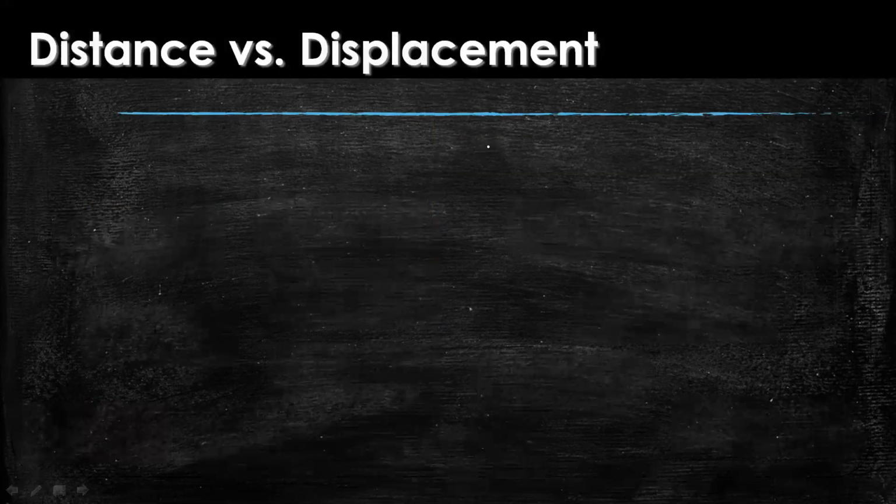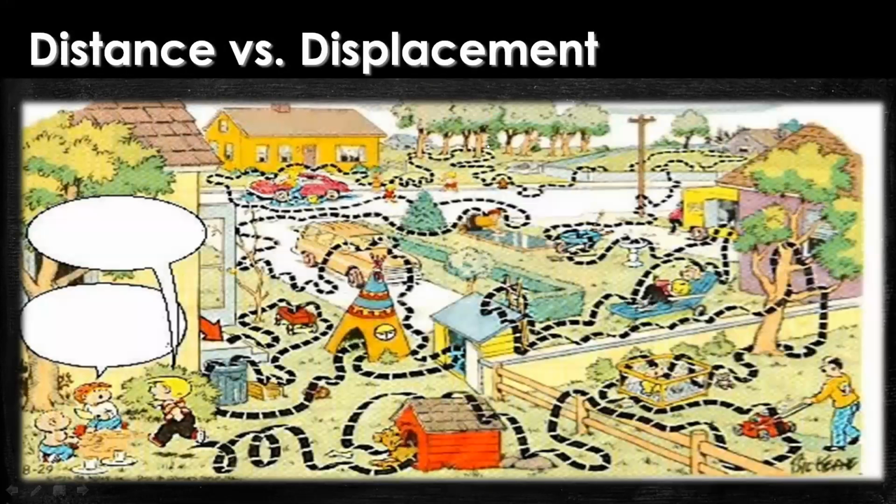Let us look into the first pair of physical quantities which describe motion. I told you physical quantities are the properties which can be measured. So distance and displacement are measurable quantities which describe the motion of an object. In order to understand the difference between distance and displacement, let us look into this picture.